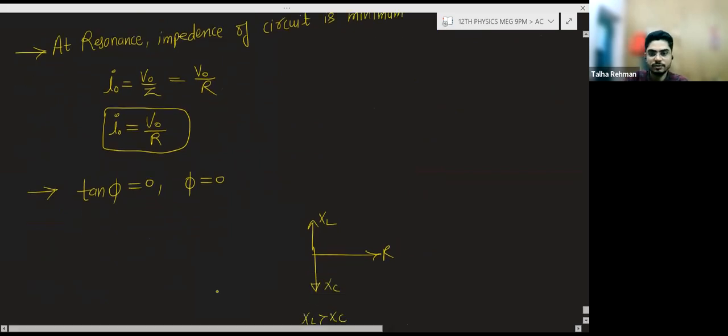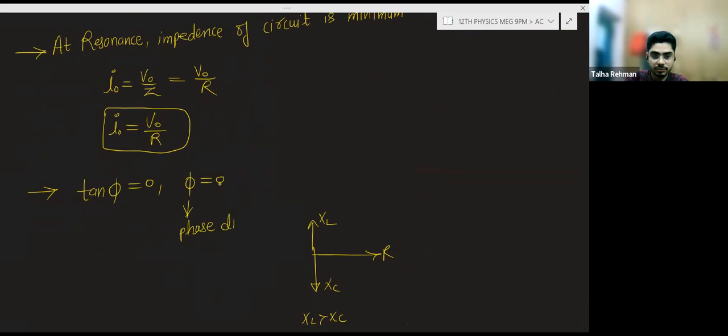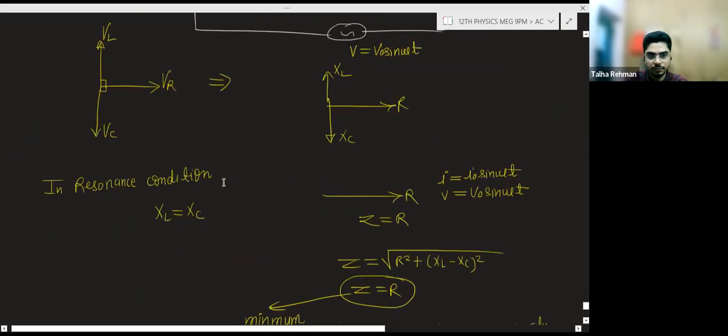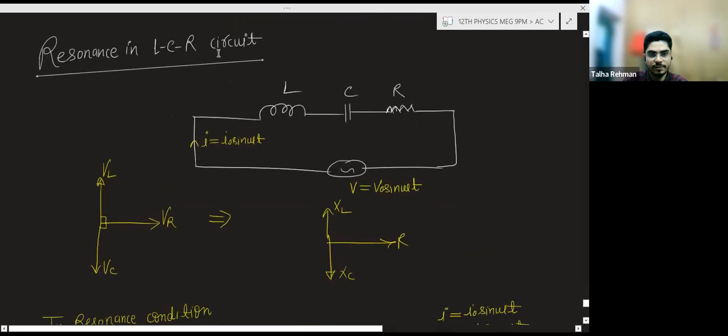What is phi? Phi is the phase difference between current and voltage. So first write this, then I will discuss later.